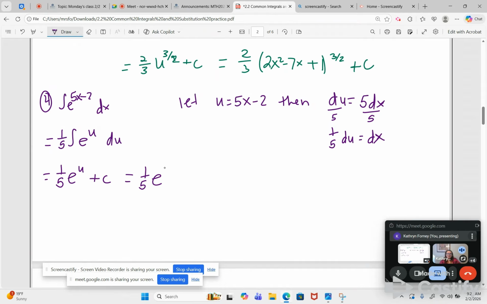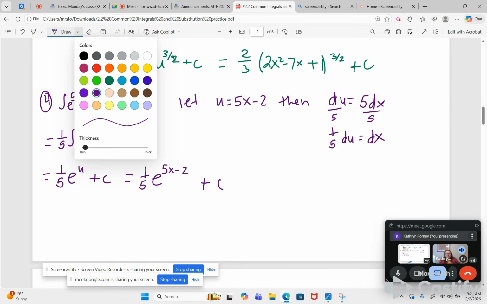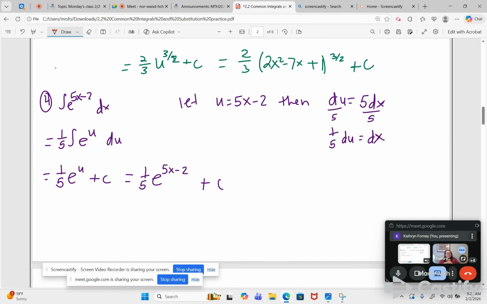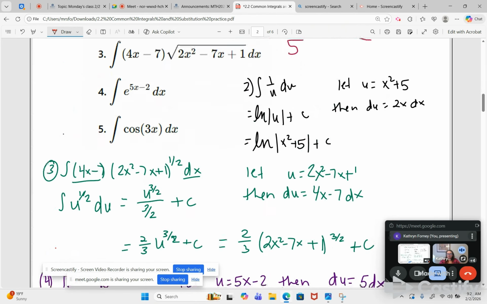And so then you just replace your u, and there's your problem. So this was one where it didn't have the entire dx included in the problem. And I think we had been doing that before, but maybe I moved a little too fast through it. So we'll look more at that today.